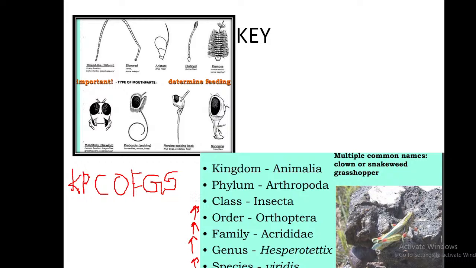The classes join together to form a phylum, and the phyla join together to form a kingdom. This is the hierarchy of classification. I have told you KP COFS: kingdom, phylum, class, order, family, genus and species.